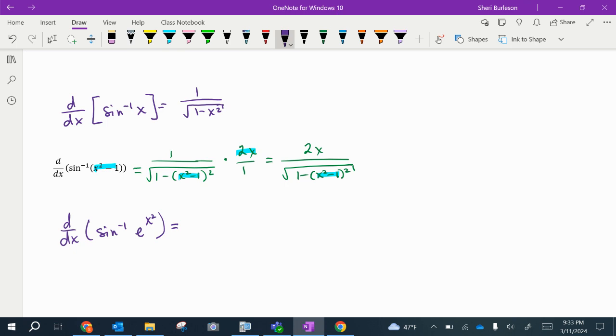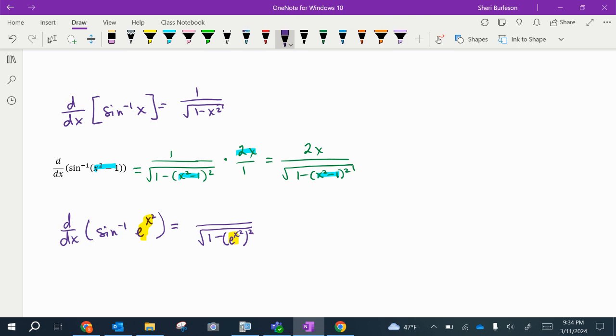So the derivative of inverse sine is 1 over the square root of 1 minus whatever I'm taking the inverse sine of. So that is going to be e to the x squared, squared. And then, like we did when we did natural log, we're going to end up multiplying by the derivative of the inner function, and that's going to end up in the numerator.